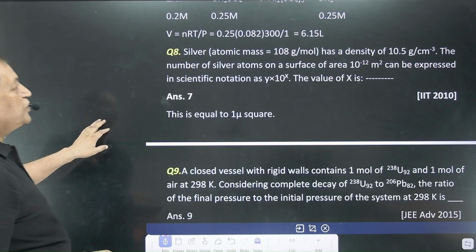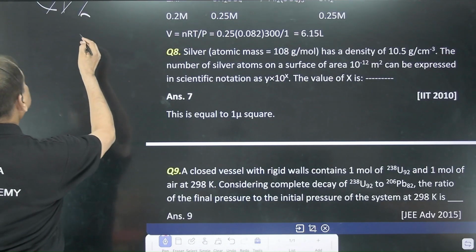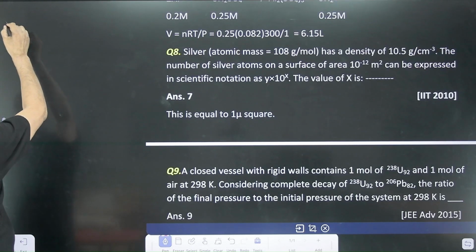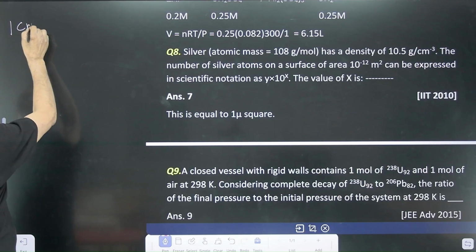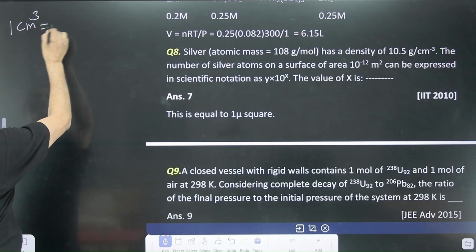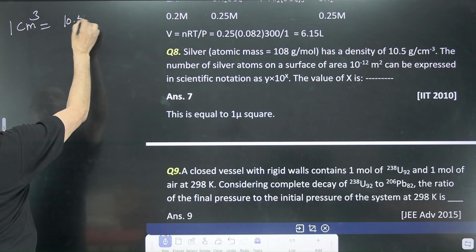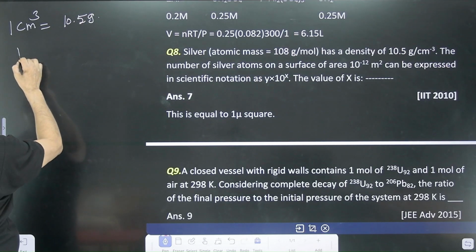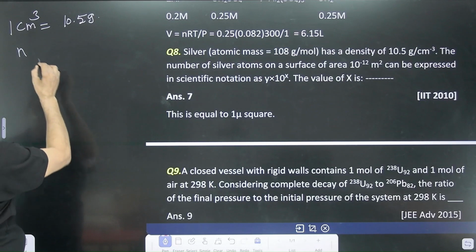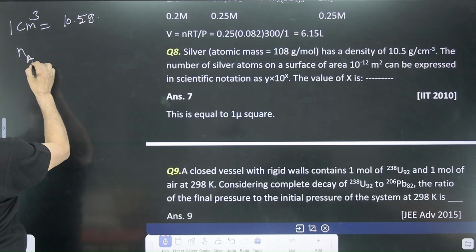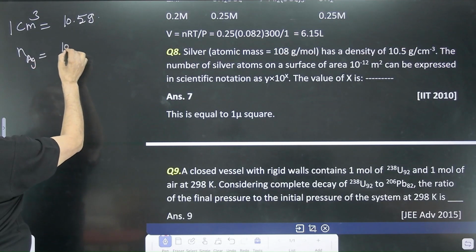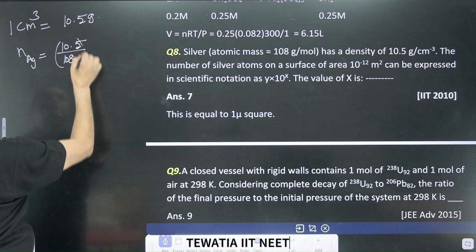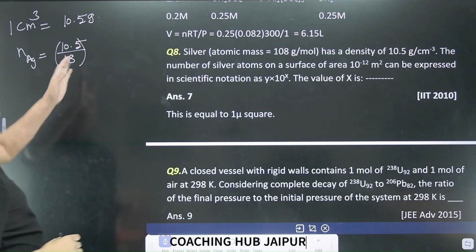Density is 10.5 gram per centimeter cube. So 1 centimeter cube weighs 10.5 gram. How much mole? Mole of silver, Ag, is 10.5 divided by 108. Okay, this much mole.